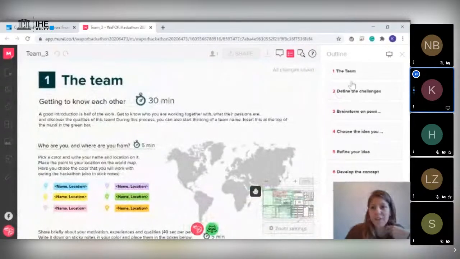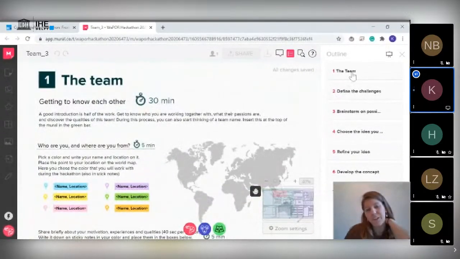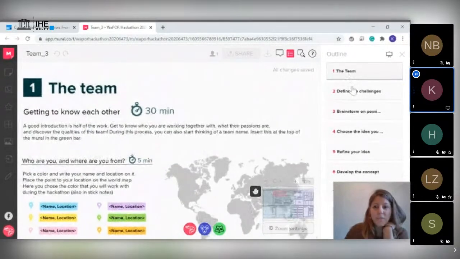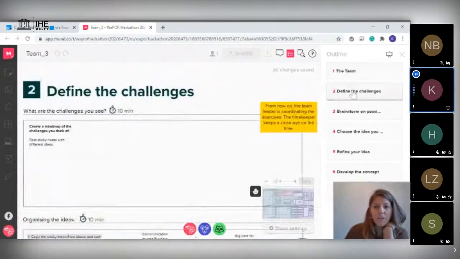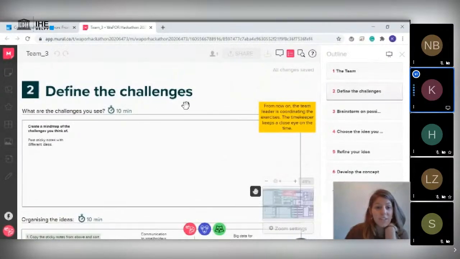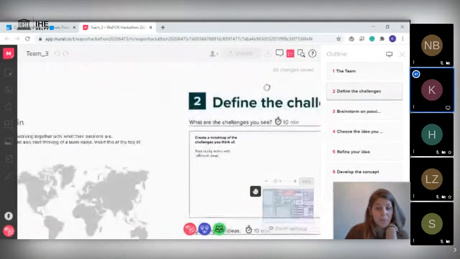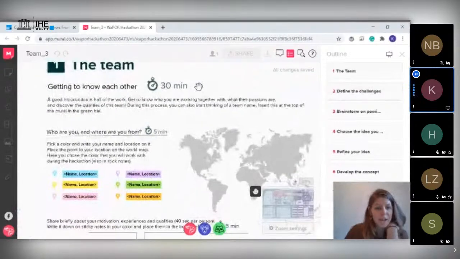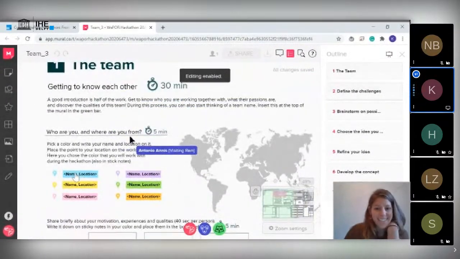Another thing to navigate is to click on the outline. It will move to the team. And then when you go to step 2, it will immediately take you to define the challenges, which is step 2.